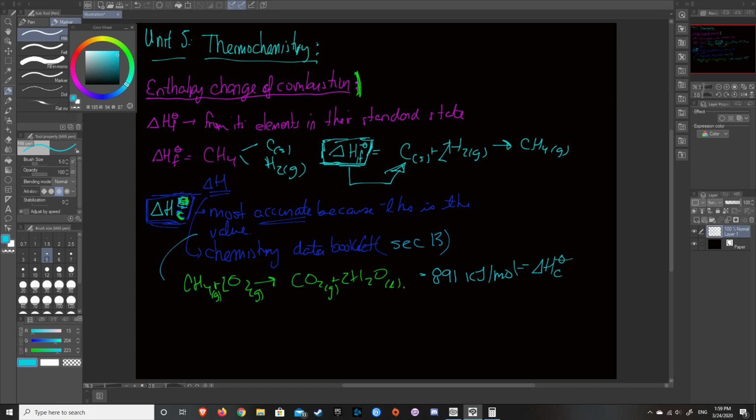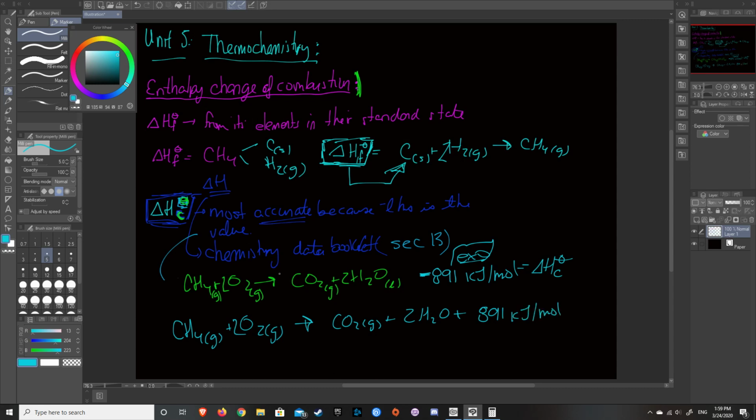But the question could also write it in another way. This is written with a negative sign, so we know it's exothermic. But the question could also write it like this: CH4 gas plus O2 gas reacts to form CO2 gas plus 2H2O plus 891 kilojoules per mole.